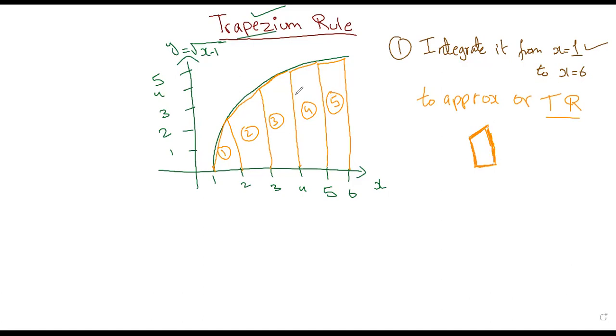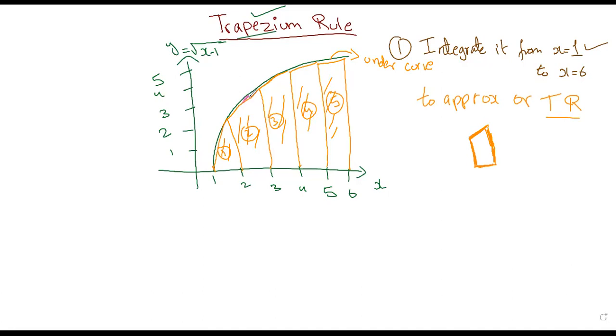So now we are trying to approximate the area under this curve, and I am saying that we have to use the trapezium rule. The trapezium rule says to find the area of all these trapeziums, and the sum of these areas would be the area under this curve. Again, it is not going to cover all the area.